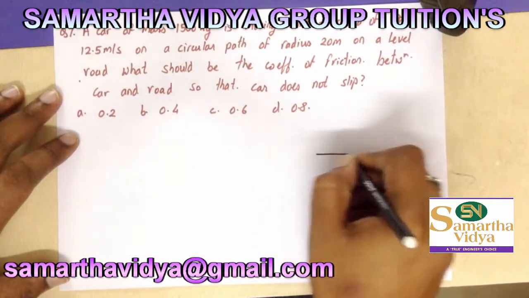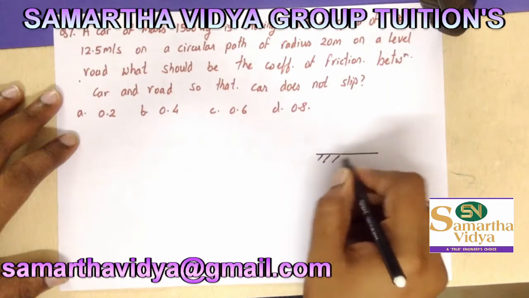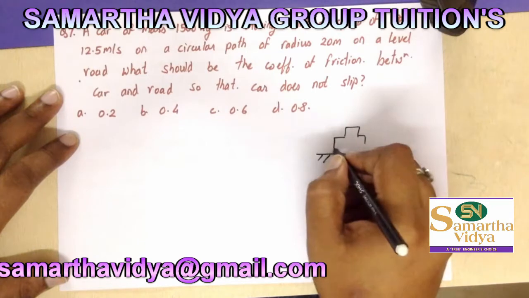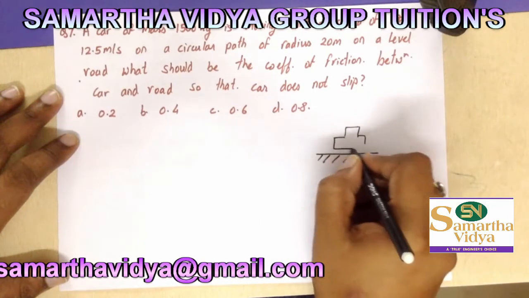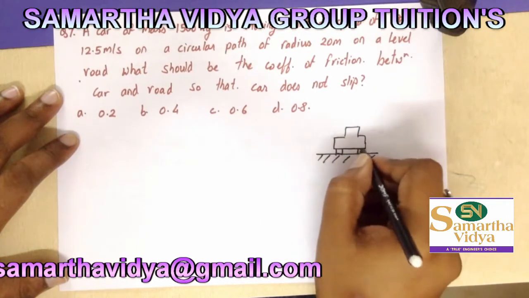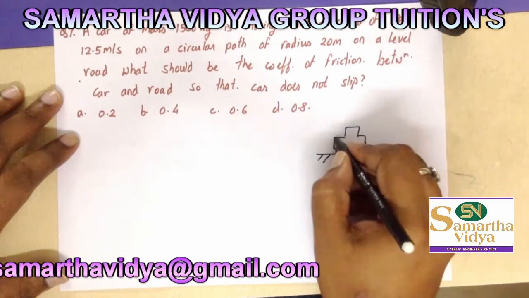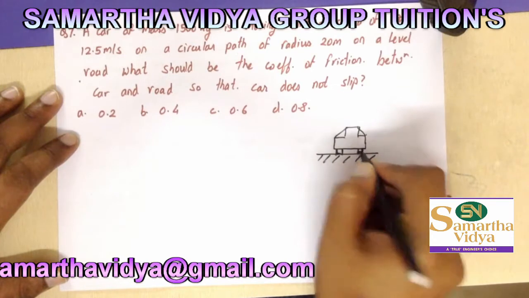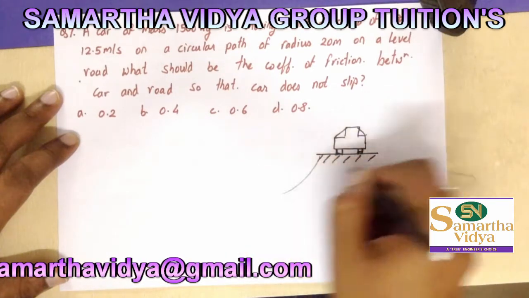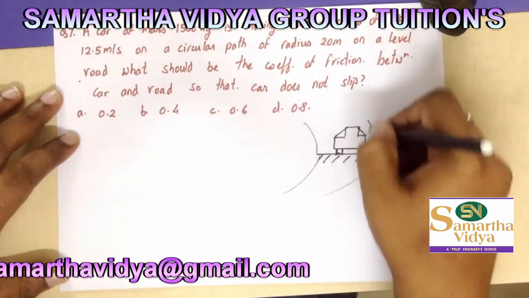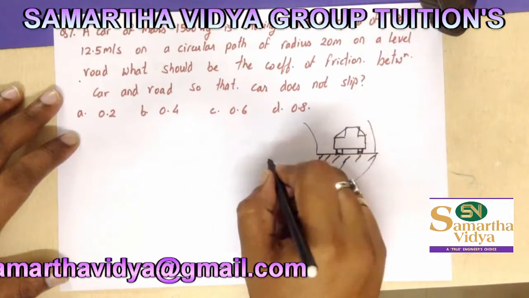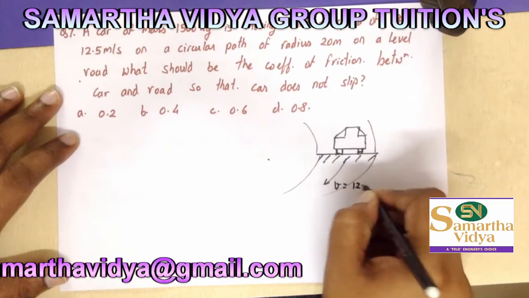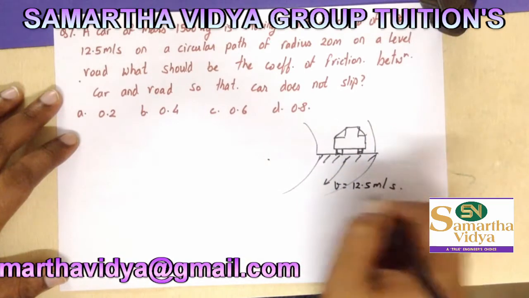So let us try to understand what the question is. Let us consider this as a road, and this is a car which is performing the rotational motion. These are the wheels, and it is going to be performing the rotational motion in this way, and its velocity is given as 12.5 meter per second.